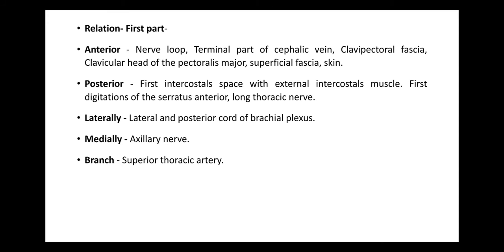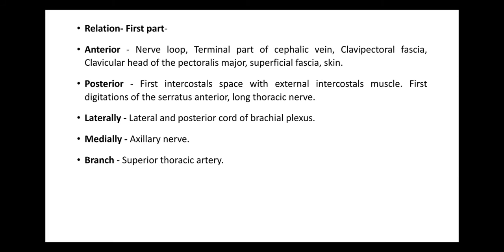Posterior relation: first intercostal space with external intercostal muscle, first digitation of the serratus anterior, long thoracic nerve. Laterally, lateral and posterior cord of brachial plexus. Medially, axillary nerve.